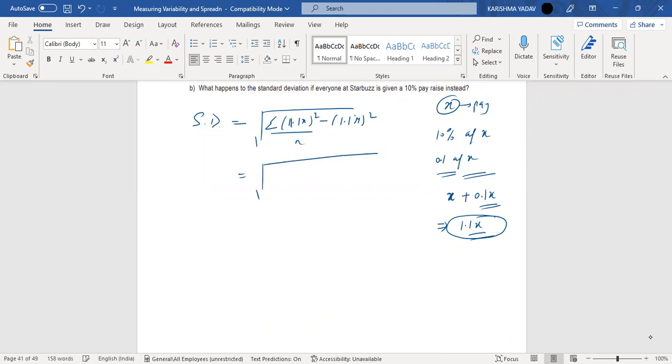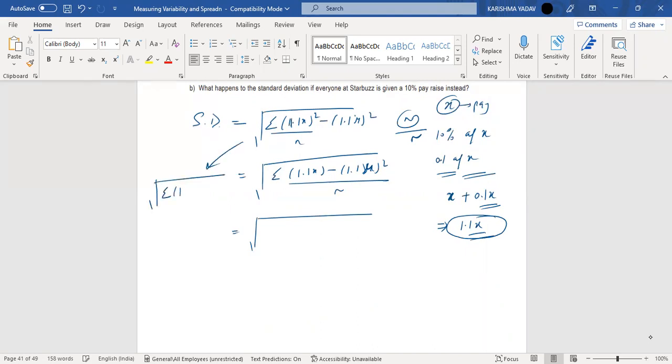Now let's try to compute it. It will be the summation of (1.1x minus 1.1 mu) whole square divided by n. Just like the previous case, we can take out the summation because of n. So it is the summation of (1.1x) whole square minus n times (1.1 mu) square, divided by n.